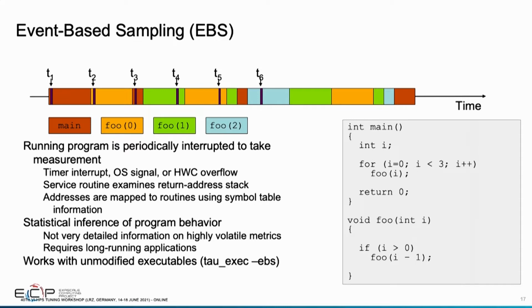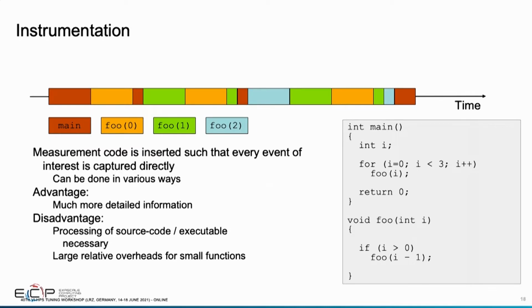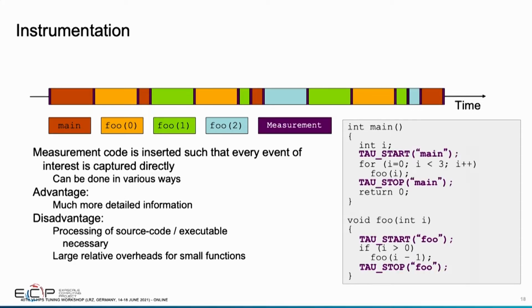But based on that information, you construct a profile and you say, I estimate that the time was spent over here. Similarly, with instrumentation, you have precise start and stop calls inserted in your code. These calls tell you that the function starts here, it stops over here. And with that, you can generate an instrumented file and then generate the performance data precisely. So you have a combination of sampling and direct instrumentation, and Tau supports both.